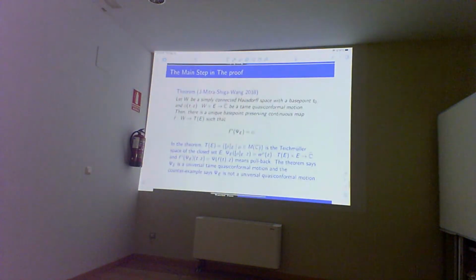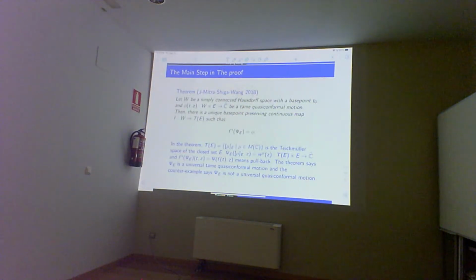So that's the so-called universal holomorphic motion problem. Universal property for this holomorphic motion. First, let W be a simply connected Hausdorff space with base point t0, and let phi from W cross E to C be a Teichmüller quasi-conformal motion.